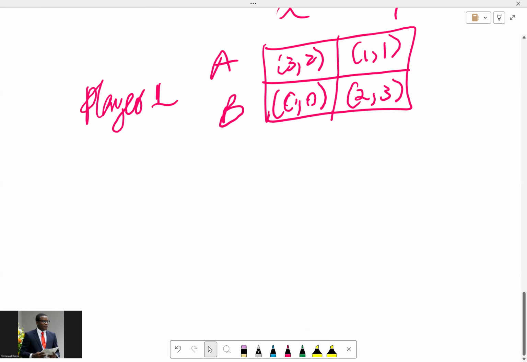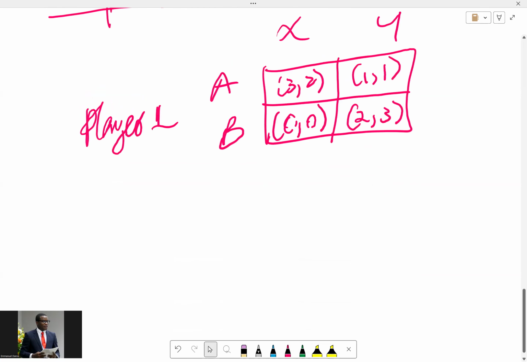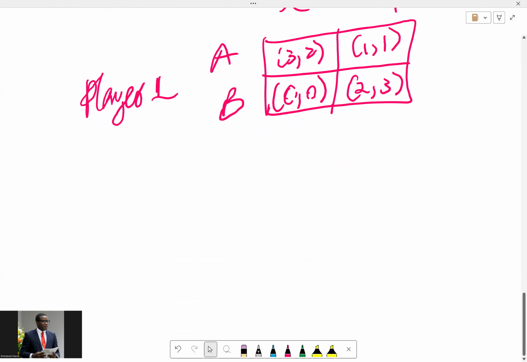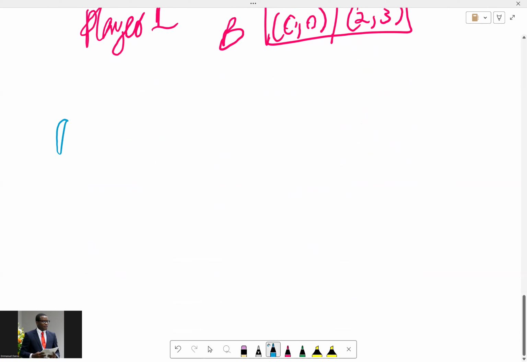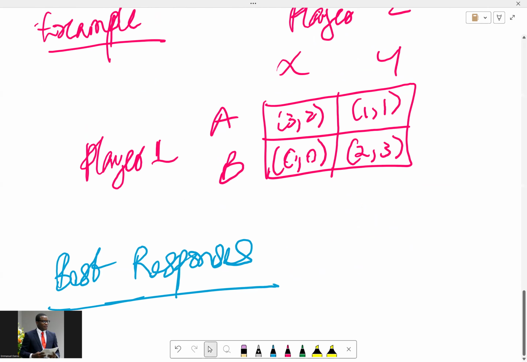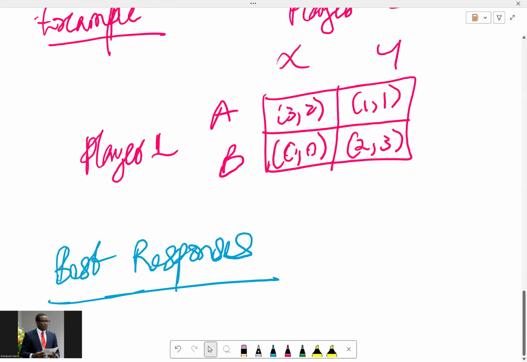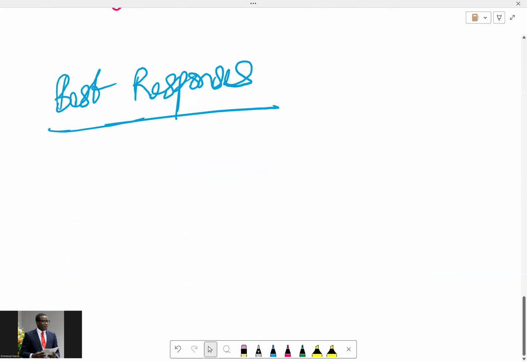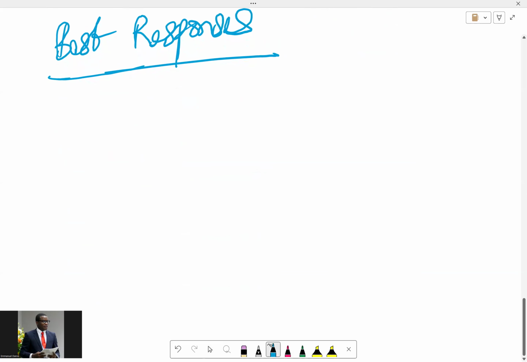So the next thing you want to do will be to check for the best responses. So let's go for the best responses. For best response, you do it turn by turn.